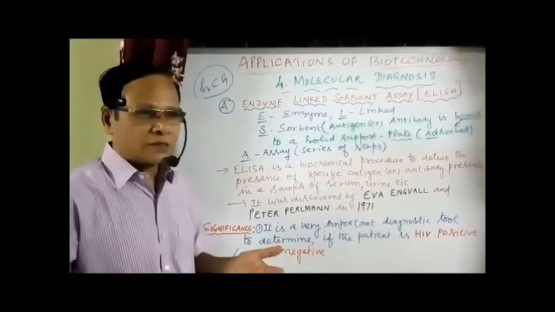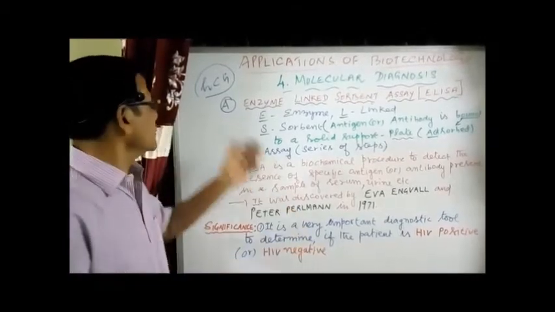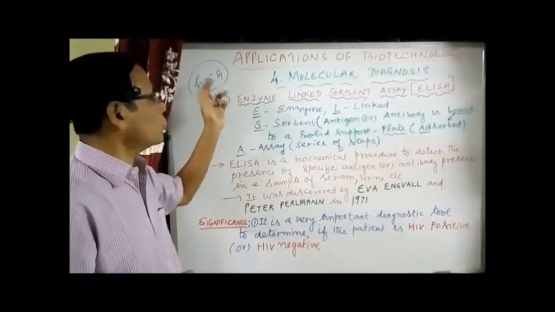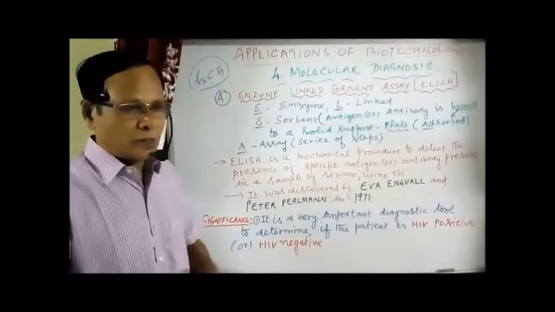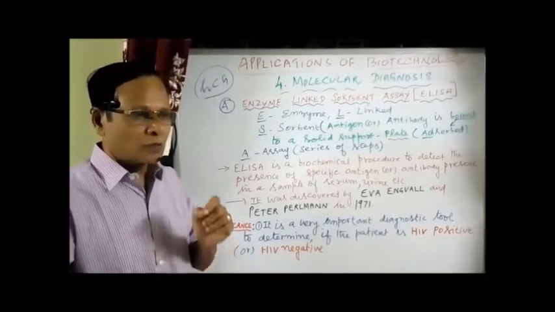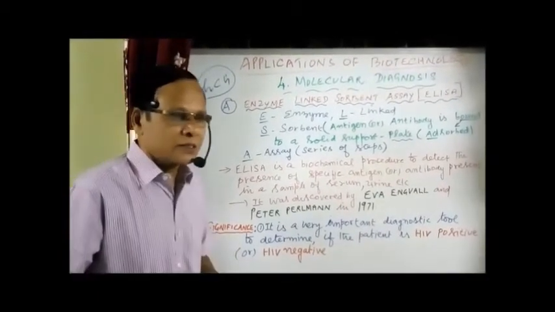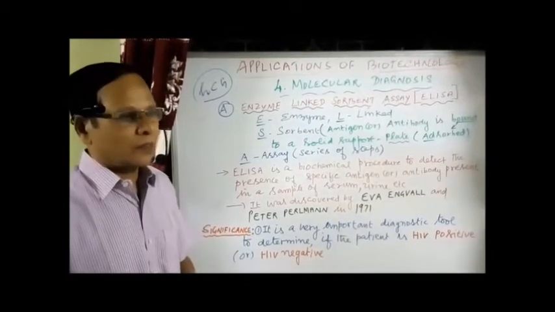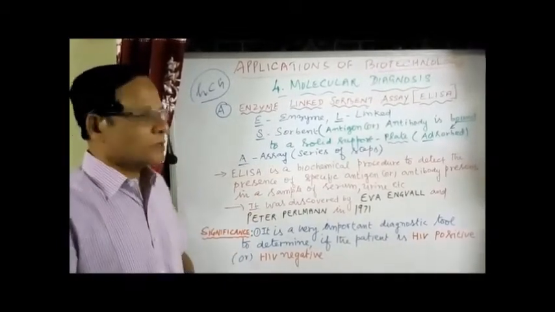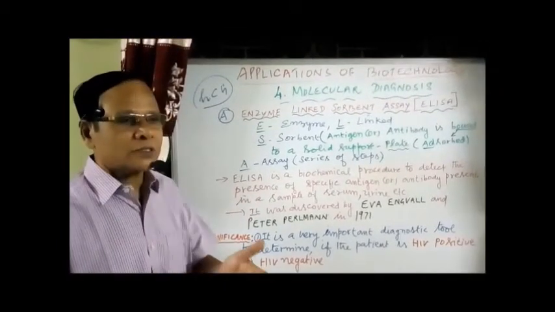Detecting the presence of antigen in human chorionic gonadotropin, a hormone present only in women during the pregnancy, released by the placenta. It is released along with urine. That indicates the woman is pregnant.